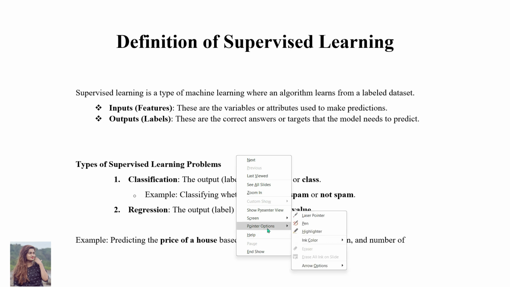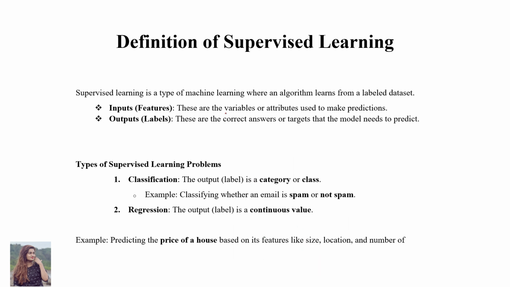So there are two things, the input and the output. Input represents the features and output represents the labels. These are the variables or attributes used to make predictions.